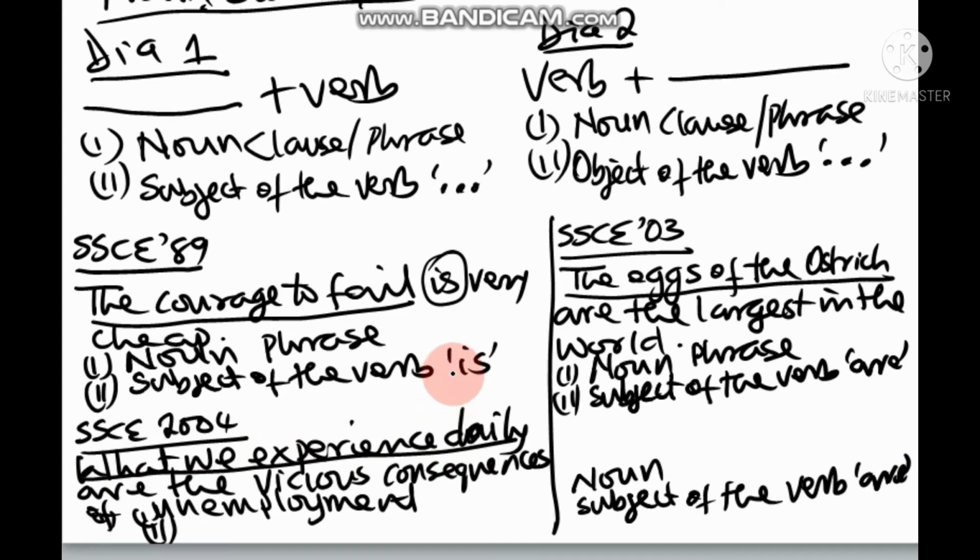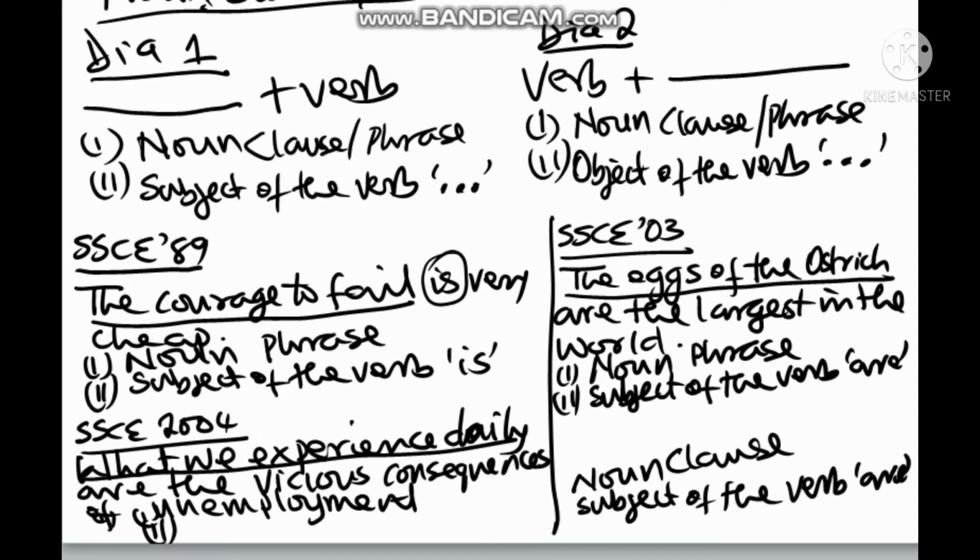What is the finite verb? The finite verb is experience. Experience is a present tense plural. So this is what? A clause. So this one gives us a noun clause, subject of the verb are. That gives us diagram number 1.